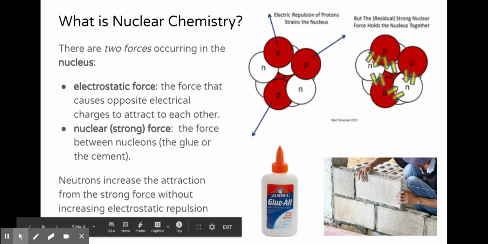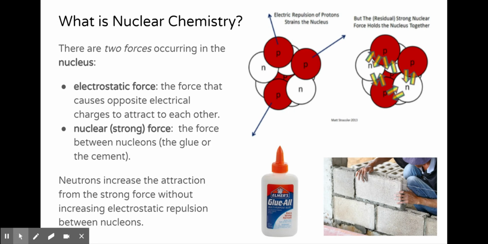There are two forces occurring inside the nucleus. The electrostatic force is the force that causes opposite electrical charges to attract each other, or that Coulombic attraction. Inside the nucleus, all you have is protons and neutrons. Protons have a positive charge, so like charges repel.